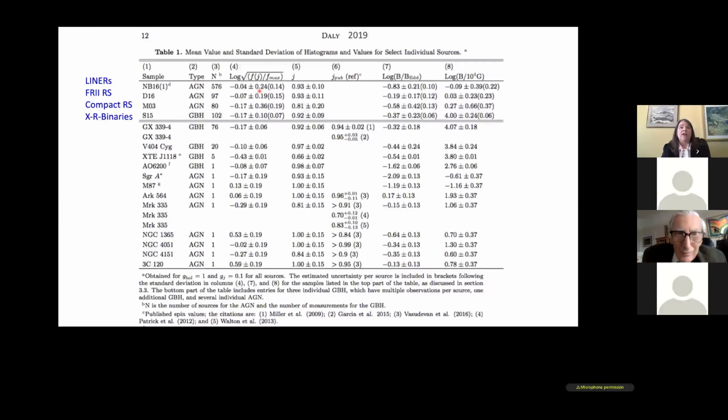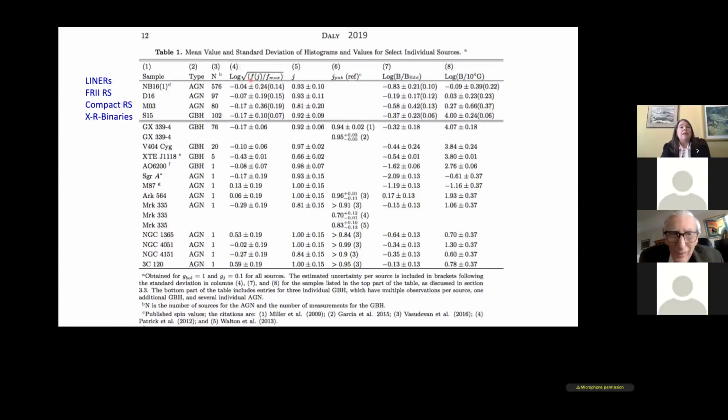So indicating rapidly spinning black holes. This is the mean value for the full 576 sources. The 0.24 here is the dispersion of the spin functions for those. And then the numbers in brackets is the estimated uncertainty per source.